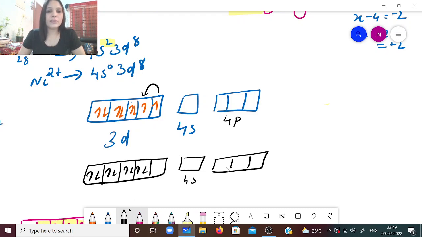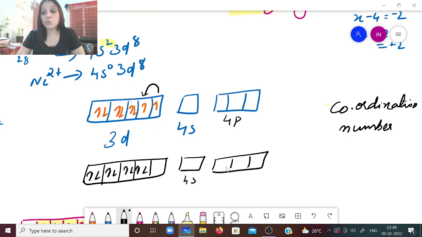Now we know that the coordination number is 4. That means what? 4 CN minus will give electrons to 4 empty orbitals of nickel. For that, nickel should have 4 hybridized empty orbitals.